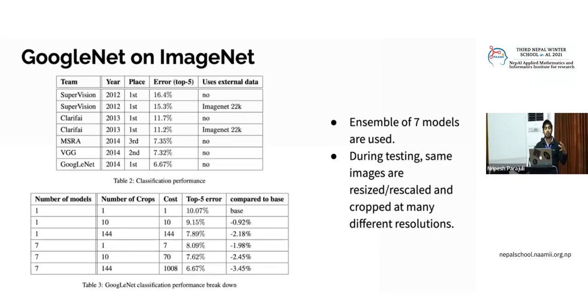Humans would make about a 5% error, maybe on top 1 error or top 5 error, I'm not 100% certain, maybe it's the top 1 error. Anyway, there was a human level benchmark as well, and I think it has already been surpassed or equaled by now. But back then, this was quite impressive.